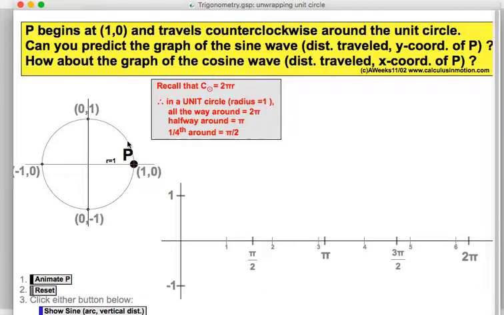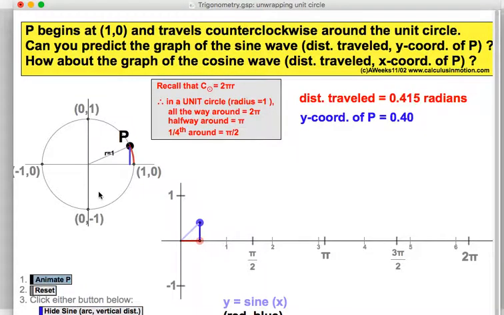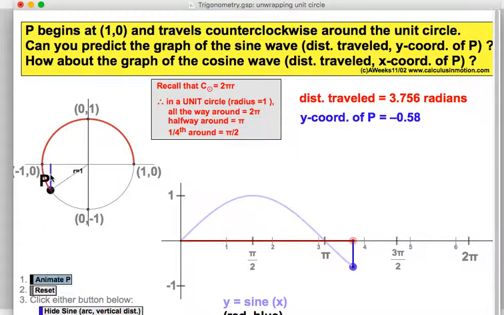As this point starts to travel around the circle, watch the y coordinate, because that's what the sine coordinate is. Okay, so the y coordinate is getting bigger and bigger, and now it's getting smaller and smaller until the y coordinate is 0. And then now it's negative, getting bigger negative, and then smaller back to 0.